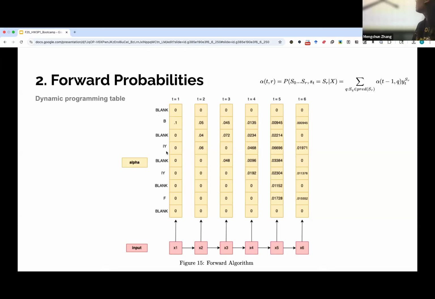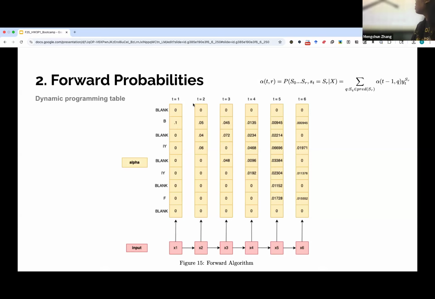Each cell is denoted as alpha t comma r. This stores the probability that the model gets to this symbol at this time step. For example, at t equals 1, we first initialize our probability with the first non-blank character, which here is a b, and then we keep all the other values at 0.